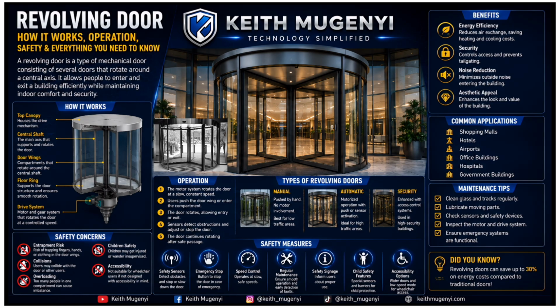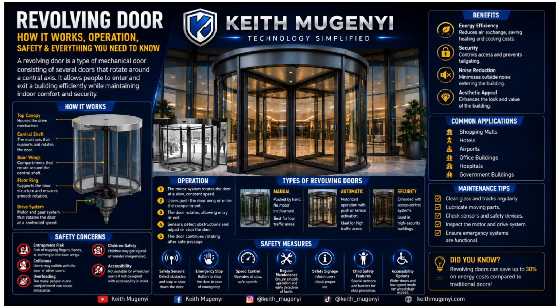Now, you may ask yourself a question: how does a revolving door work? It has only 5 steps. The first one, detection: automatic sensors detect a person approaching. Second step, rotation: a motor rotates the door at a safe speed.